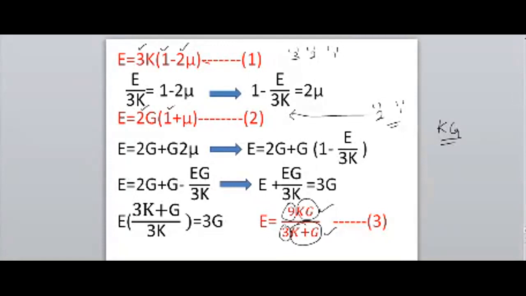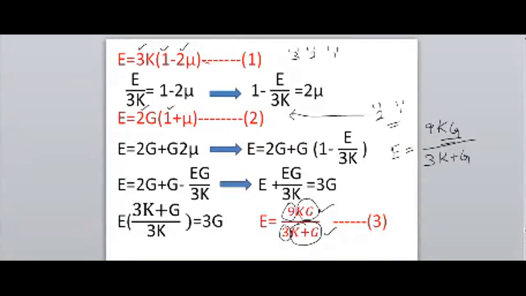In the denominator, we have k plus g. In the numerator, we have only kg, and 3 as well as 9. So we need to learn by heart 9kg by 3k plus g, it is equal to E. So with this, the relationship between the elastic constants is completed.